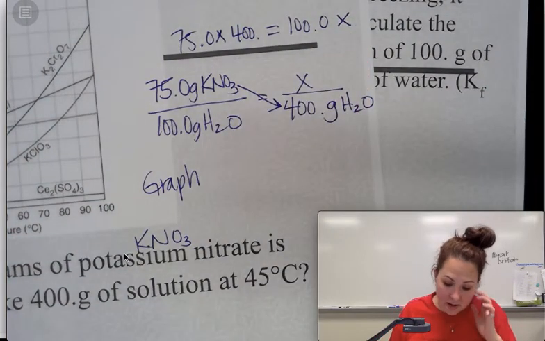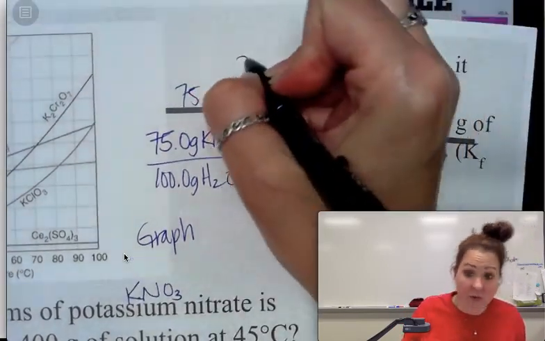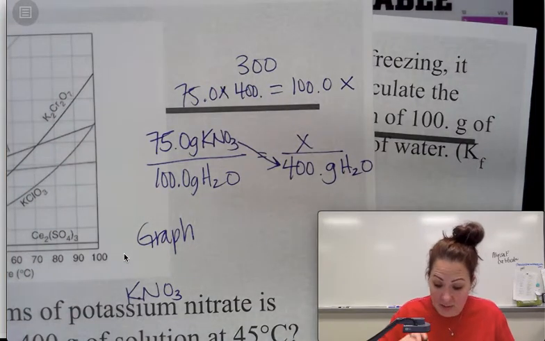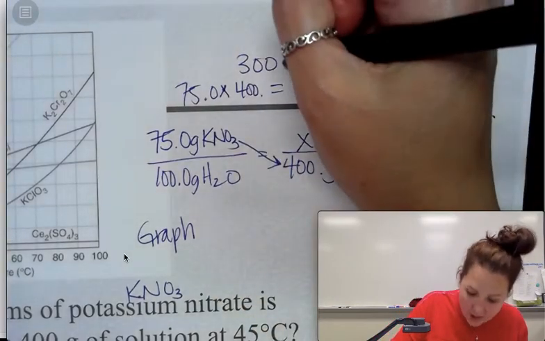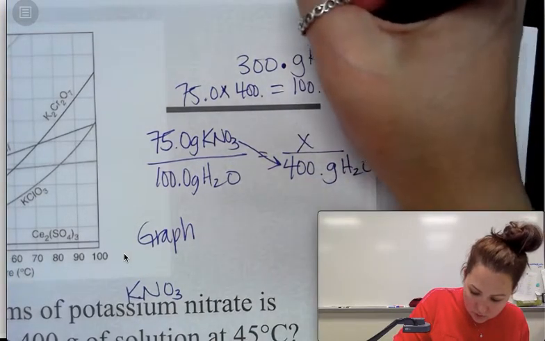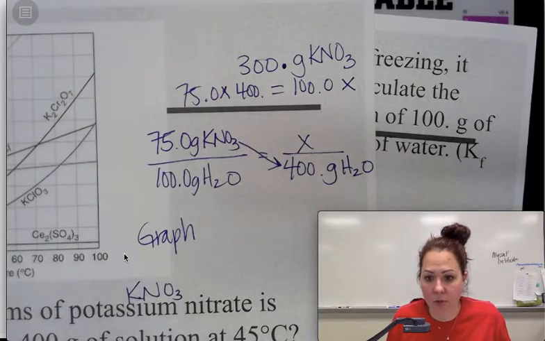So when I get my calculator, the screen is reading 300 at this point. So with that, I'm going to look at sig figs. I've got 3 sig figs, 3 sig figs, 4 sig figs, so I need 3 sig figs in my answer. So I have 300 grams of KNO3 needed to make 400 grams of solution.